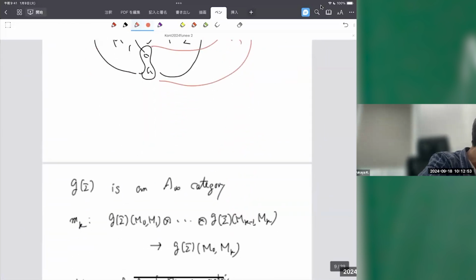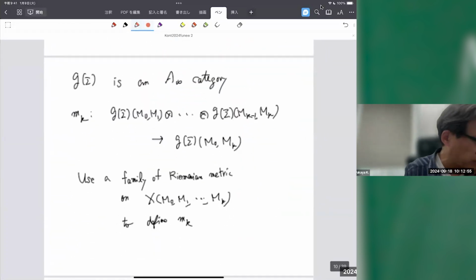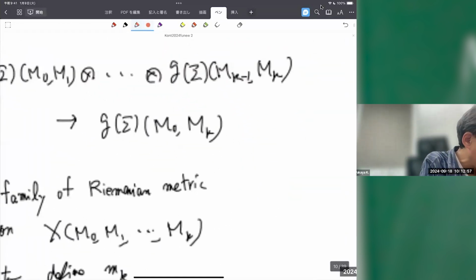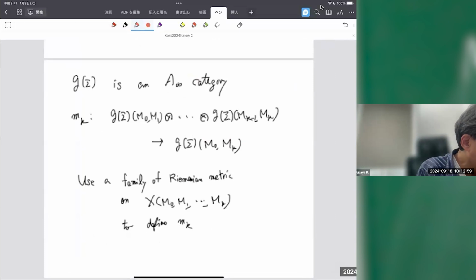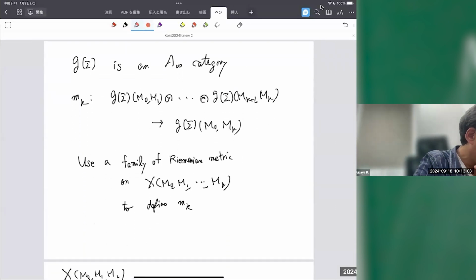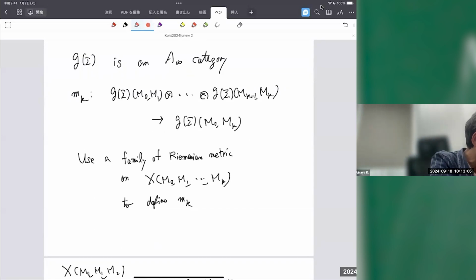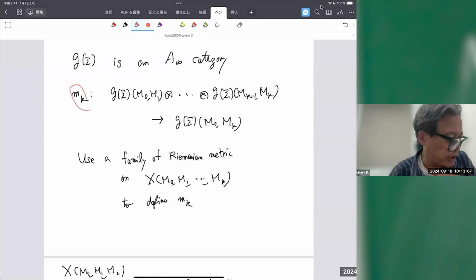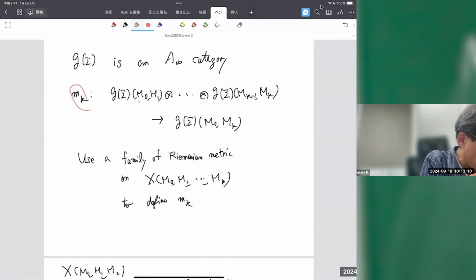But actually, we can do a bit more. The claim is that this category, G sigma, is actually an infinity category. So we have a higher composition map, mu_k, defined on a (k+1)-tuple M0, M1, through Mk.